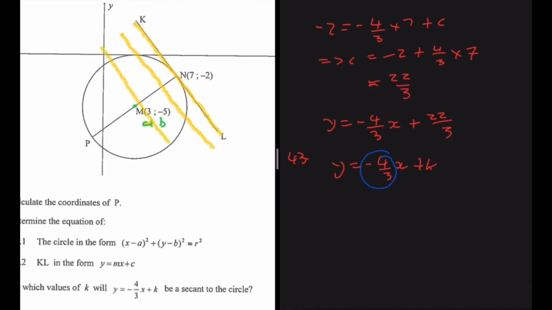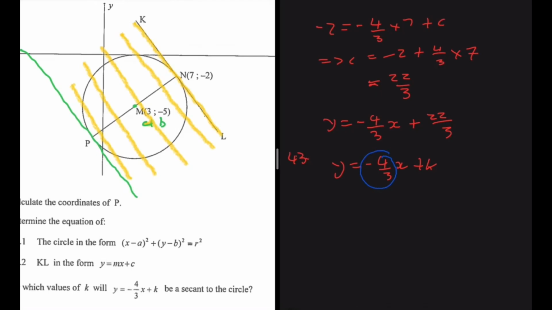We can even put it here, it will be a secant to the circle. We can put it here, it still is a secant to the circle because it's going through the circle. But the only problem arises when it is somewhere here, when it touches the circle only once at P. Then it will no longer be a secant.